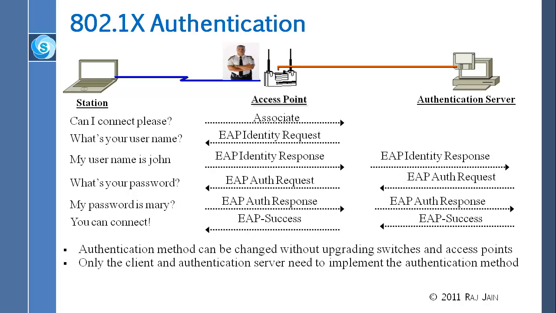802.1X as well as the whole EAP lecture was for this purpose, so that the access point can be simpler. You have thousands of access points on the campus, and you don't want to put all the passwords and everything in each access point, or want them to know all about every single encryption method that has been made.